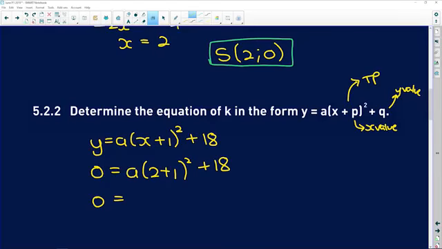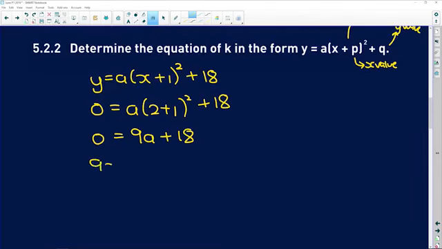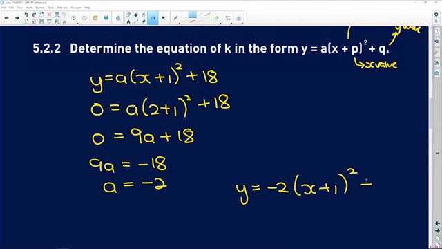So 2 plus 1 is 3, squared is 9. So that means that 9a is equal to negative 18, and therefore a is equal to negative 2. So our parabola has the equation of negative 2(x plus 1) all squared plus 18.